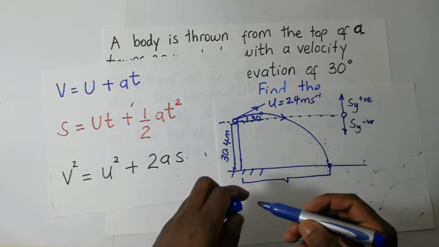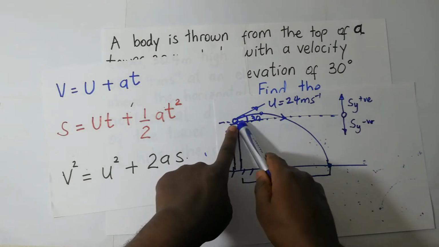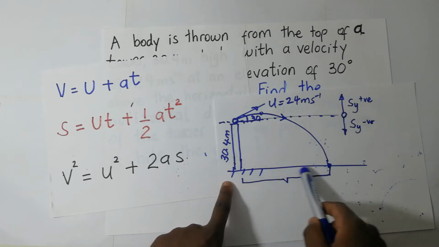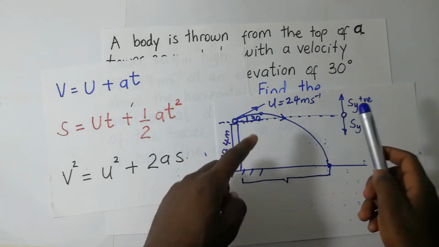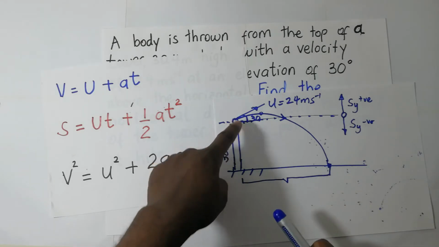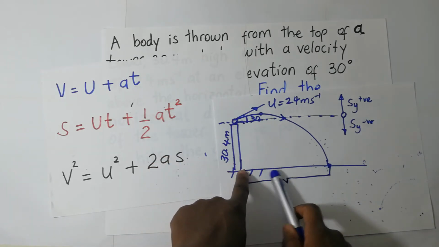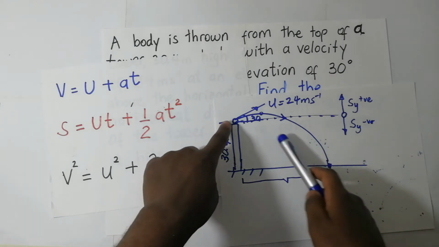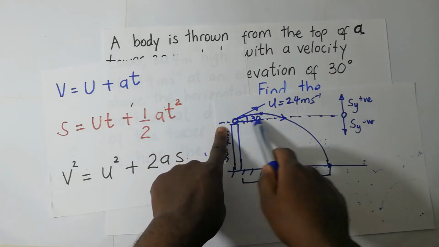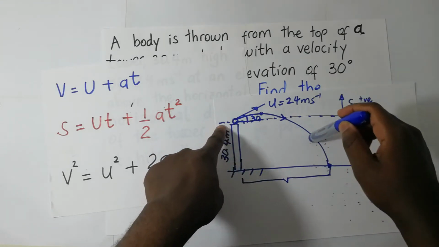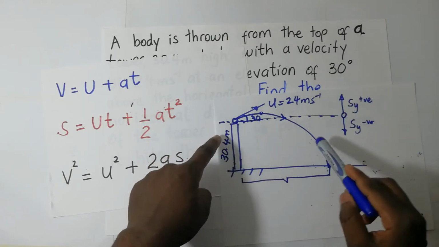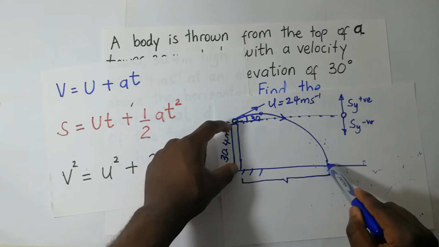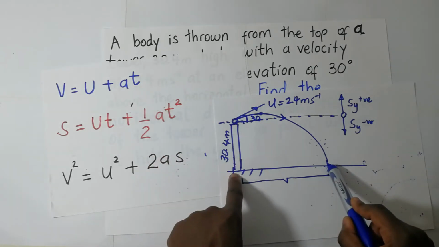And by the time this particle moves from this point to land on the ground, remember, our zero level is the level where the projection starts from. If the projection was starting from the ground, this would be our zero level. When the projection starts from here, it means this is our zero level. And so if this projection is falling below the zero level, it means it is being displaced in the negative sense. However, we know that its displacement is negative.